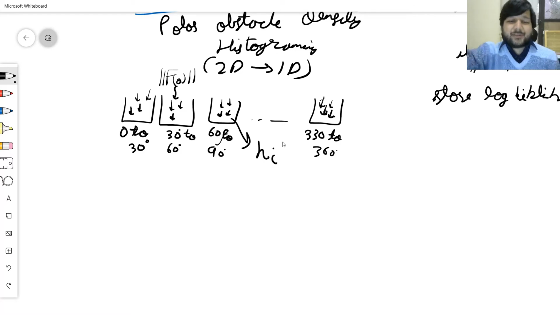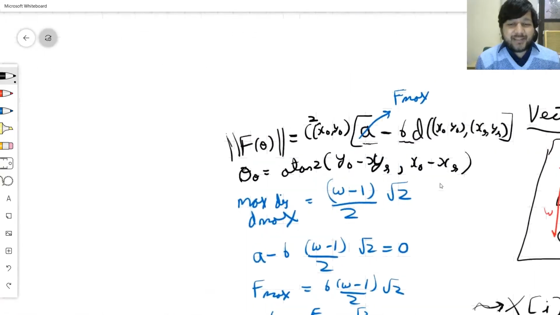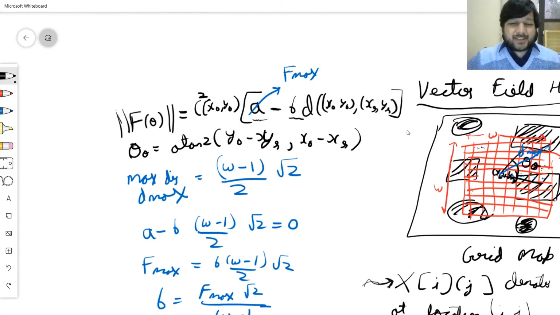H_i, the histogram of i. The normal range is minus pi to pi, but I don't want to go minus pi to pi. I want to go 0 to 360 degrees. So this is minus pi to pi, so let's make it 0 to 2 pi.